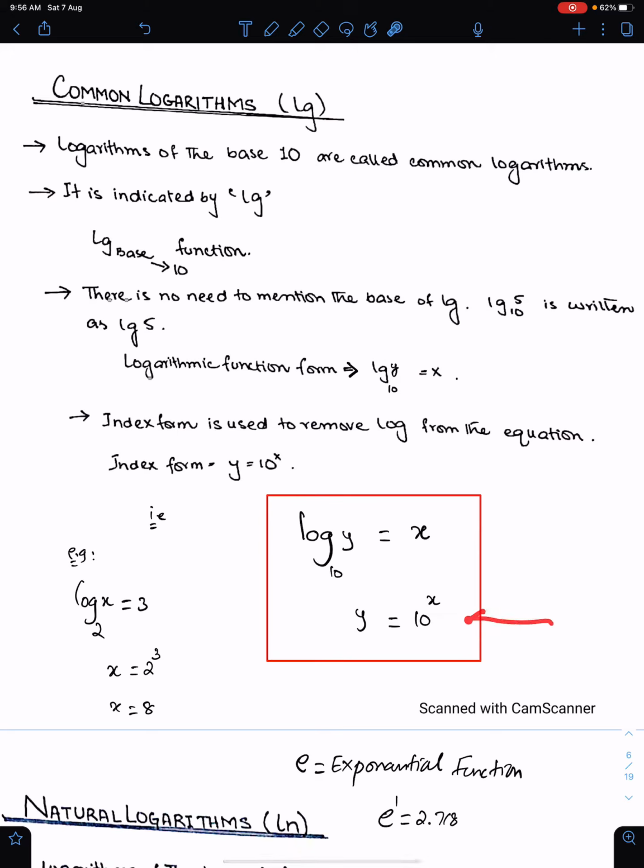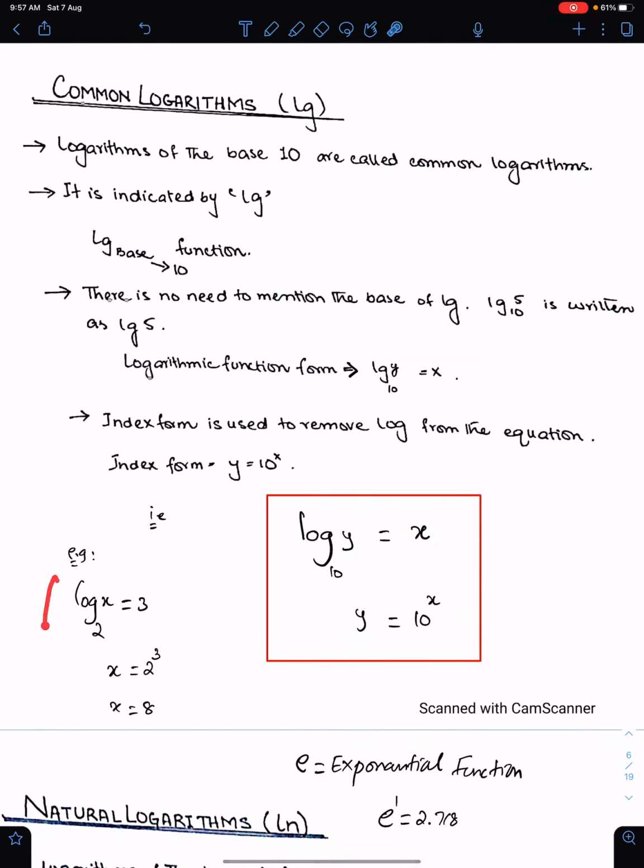Now how to get this form? To get this form, first copy this function here, copy y here, and make 10 the base of this x. So from logarithmic function form, if you need the index form, you should copy this y here and make 10 the base of this x.